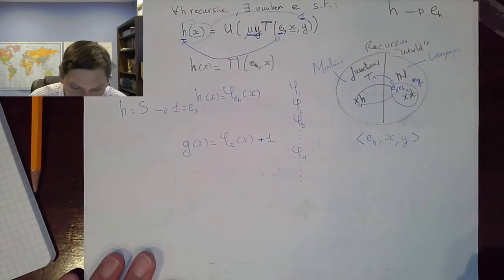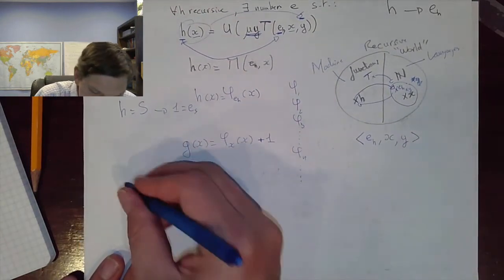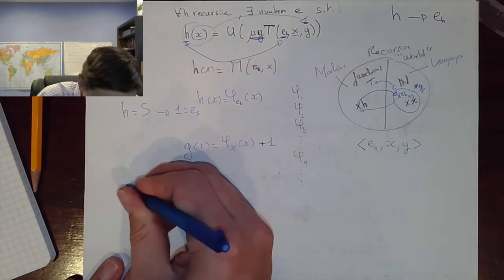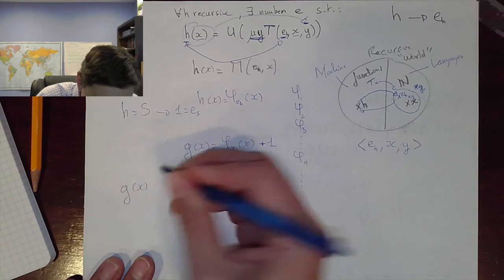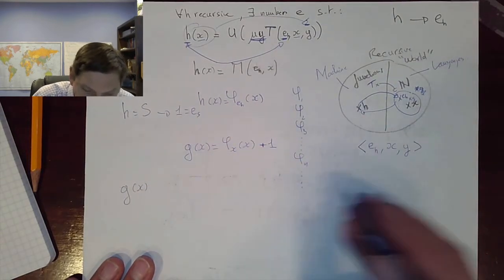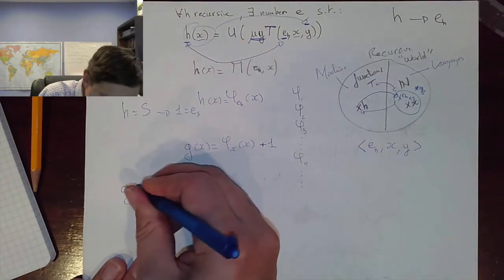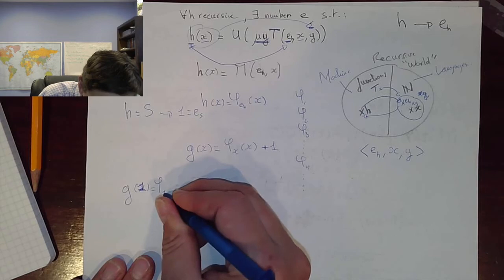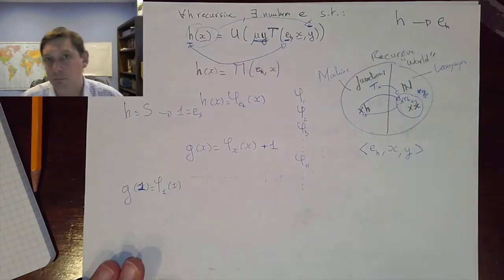It's really like saying, for instance, let's say that 1 is the code for s. So g of 1 would be phi 1 of 1 plus 1.